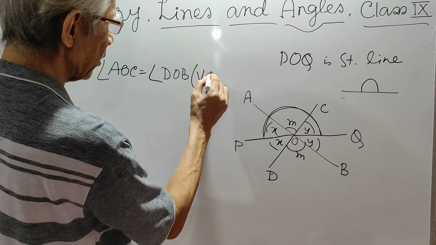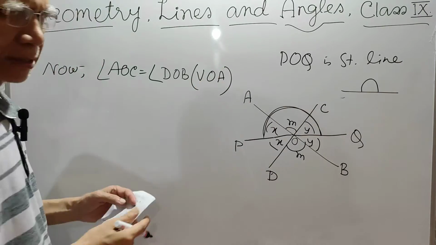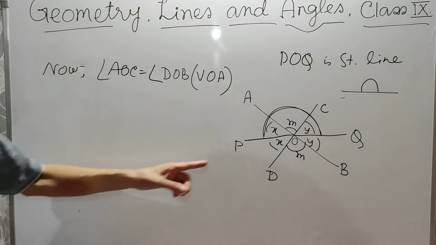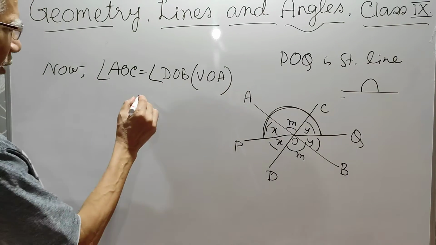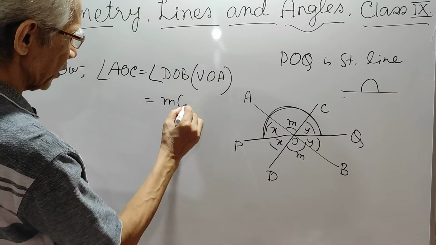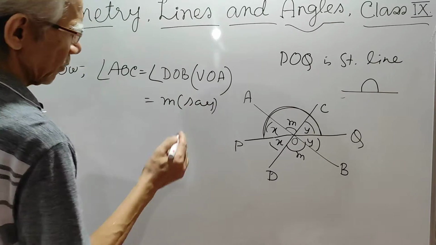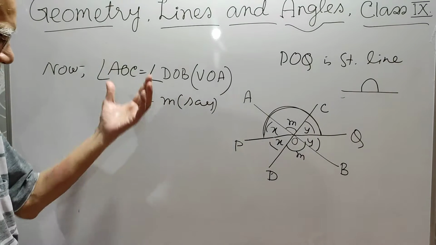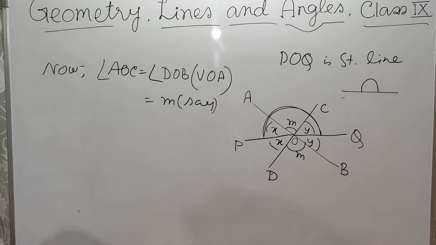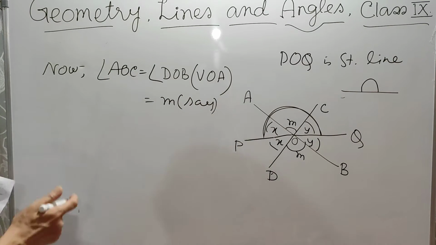What reason? Vertically opposite angles. In the exam you write vertically opposite angles fully. These two angles are equal because they are vertically opposite angles, so suppose you call them M. This X, Y, M type of writing simplifies the writing for convenience.